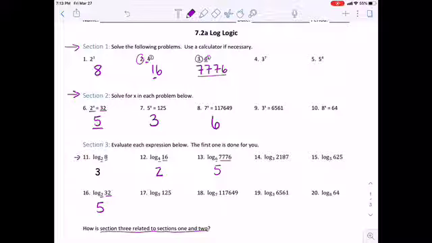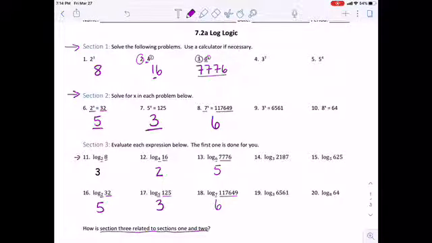Problem 17, we have log base 5 of 125. And that's going to match problem 7 right here, whose answer was 3. Problem 18, we have the log base 7 of 117,649. And notice we use those same numbers up here on problem 8, where we got the answer of 6.